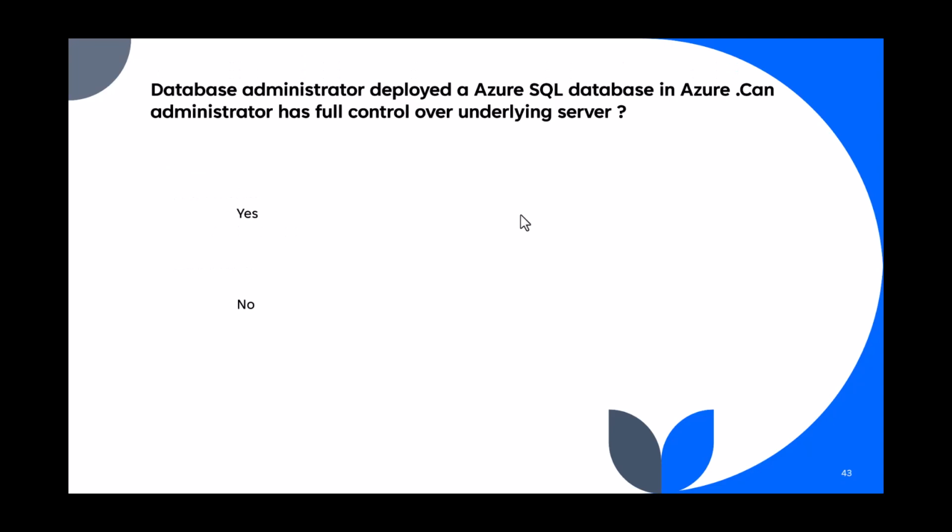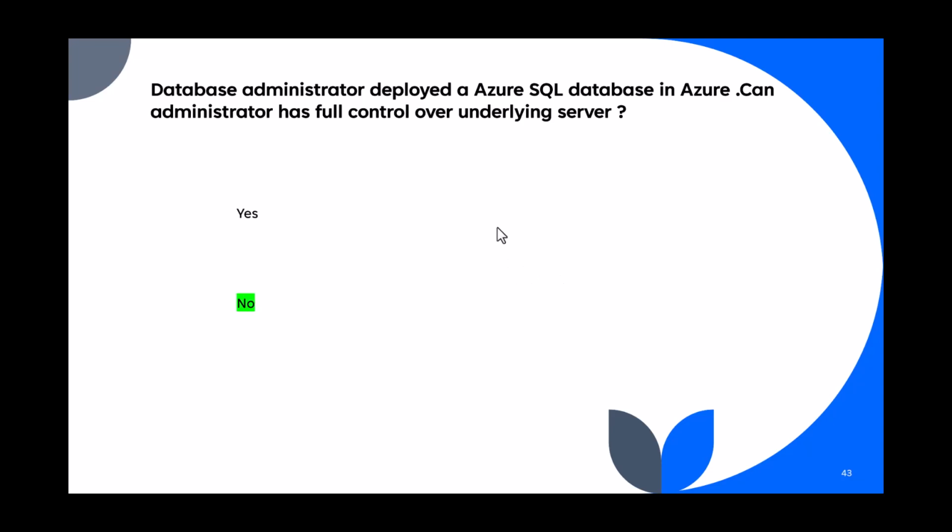Moving on to the next question, question number 43. A database administrator deployed an Azure SQL database in Azure. Can the administrator have full control over the underlying server? Azure SQL is PaaS, and it is running as an Azure SQL database. It's not on a server you manage. So does an administrator get full control over the underlying server?